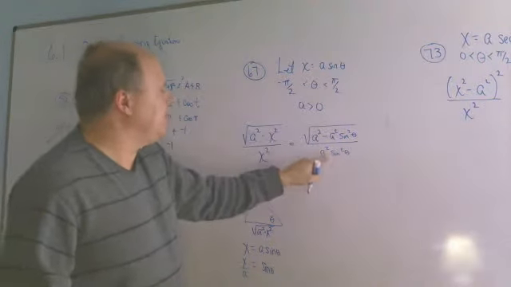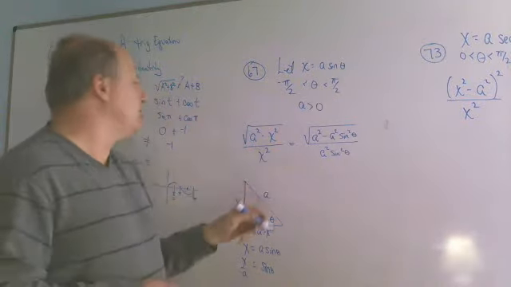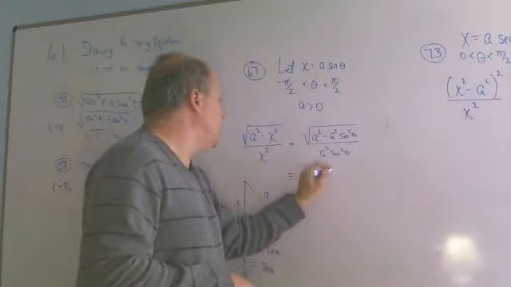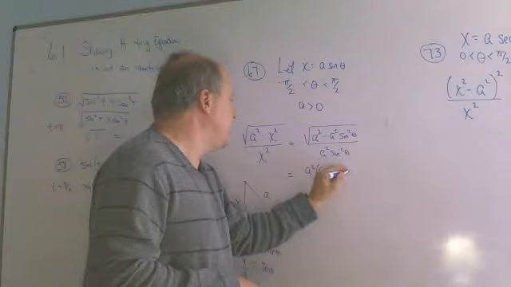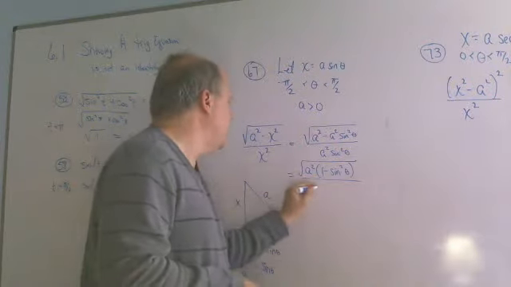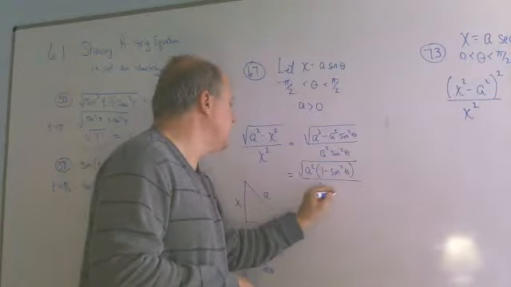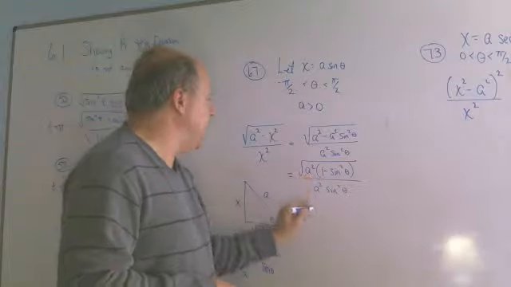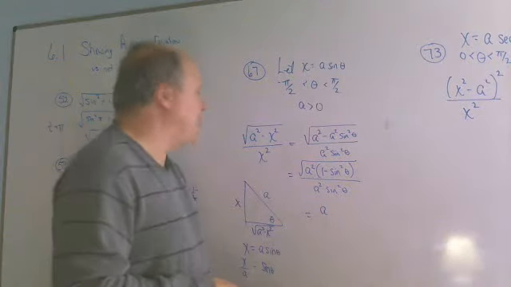But don't forget, you have to square the a as well. There's a little bit of algebra. Factor the a squared out of this, so it's the square root of a squared times 1 minus the sine squared of theta. Then the square root of a squared is a. And what about negative a?